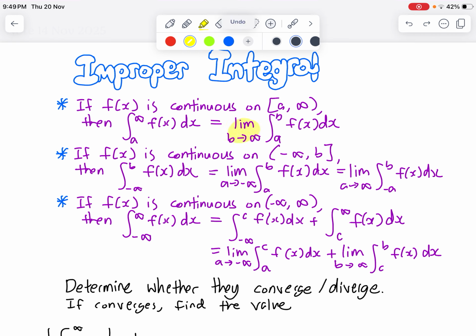And then in the last scenario, we have two bounds that are both infinite. What we want to do is take the limit, but before we do that, we split it into two parts so that we at least have one that is not an infinite value. So we replace the split point with any value, so we can just call it c.